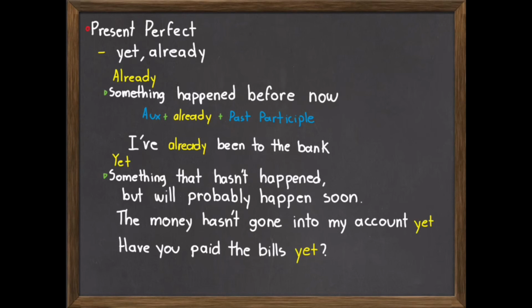It also indicates that it hasn't happened, and so the person is asking whether it will happen soon. Now, notice that here we use yet for questions and negative sentences. But we would use already usually with positive or affirmative sentences.